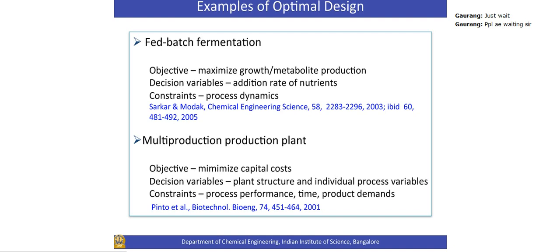And therefore, dedicating an entire process plant to make 1 kg of a product in an annual cycle is of course not desirable. So what we are looking for, therefore, is to make multiple products from the same plant, and therefore the problem of a multi-production facility. And then you have to decide what kind of plant we need, what kind of individual process variables, and so on.